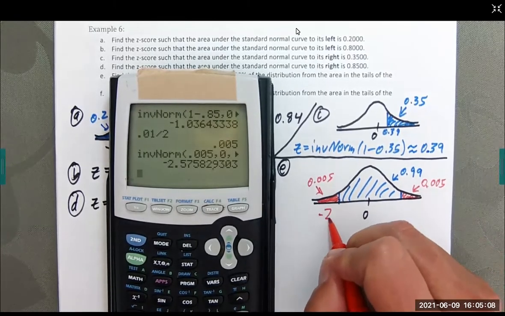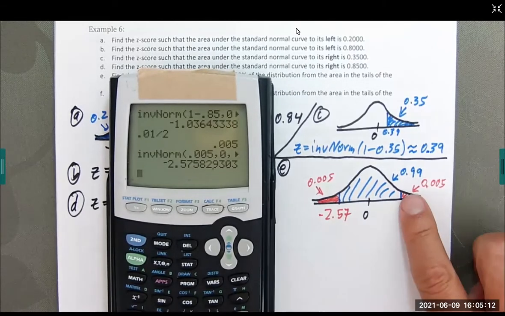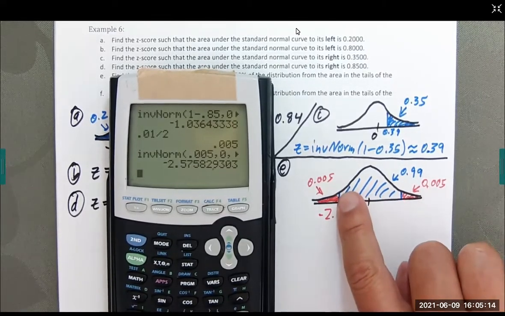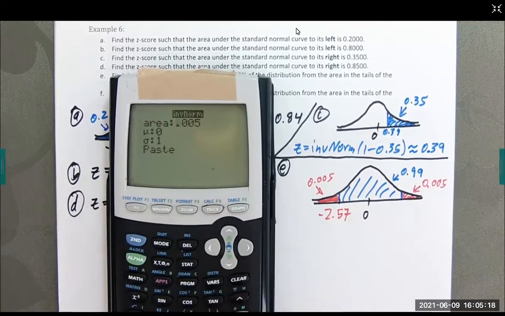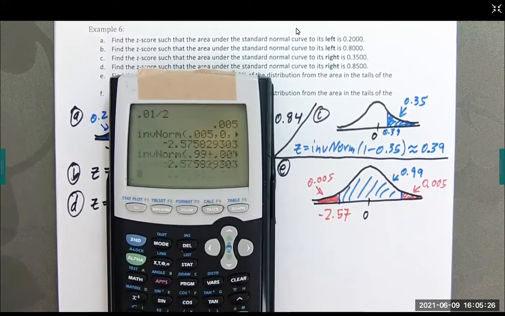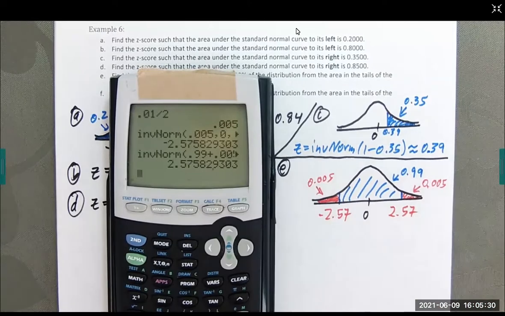Negative 2.57. Area to the left here is the 0.99 plus 0.005. So 0.99 plus 0.005. And it's the positive version, 2.57.